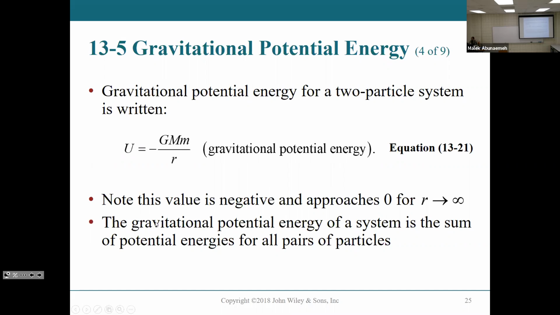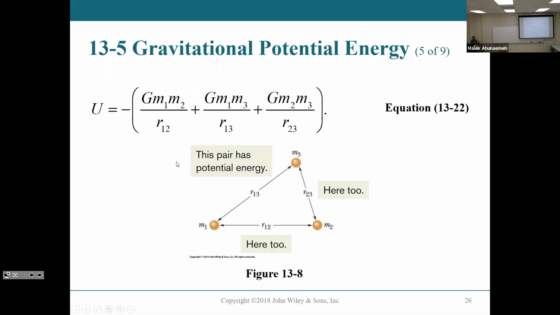This value is negative, and as the radius approaches infinity, the bigger the radius, the smaller the number, and the more the gravitational potential energy goes to zero. If you have multiple objects, it's the gravitation between each pair, so in this case between M1 and M2, M1 and M3, and M2 and M3.